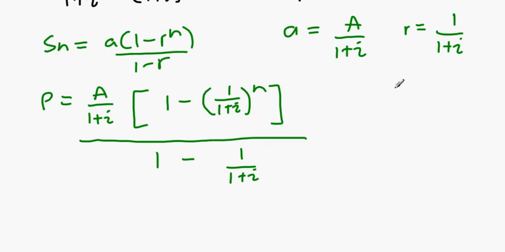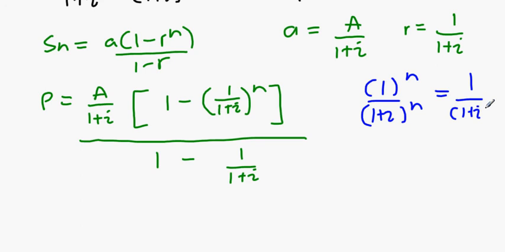I can spread the power of n top and bottom, that's a rule of indices. Now 1 to the power of n is still 1, and that's going to be 1 plus I to the power of n.